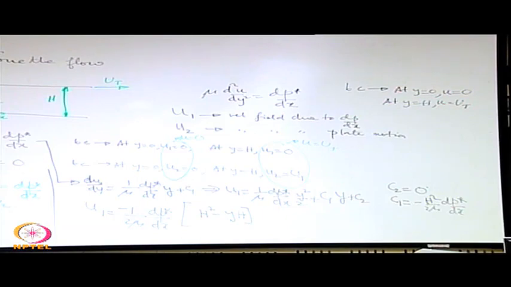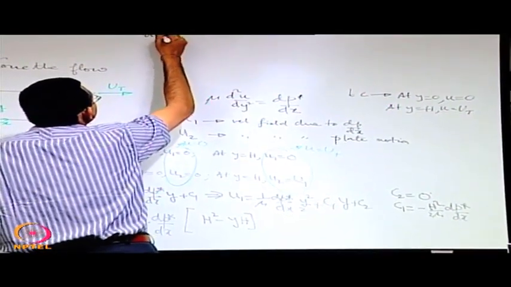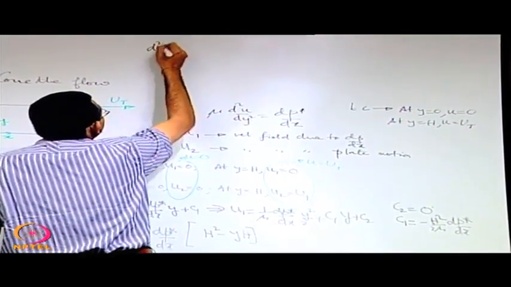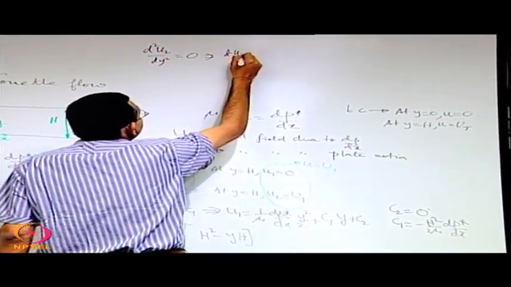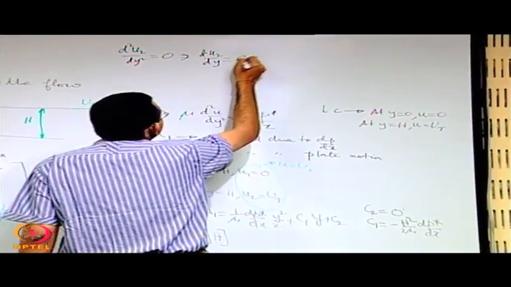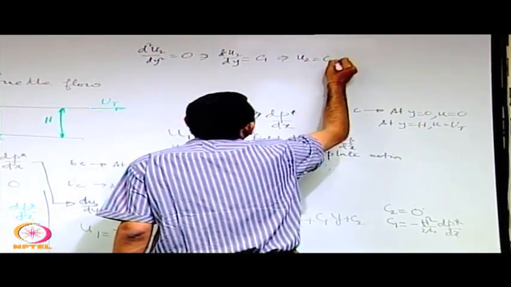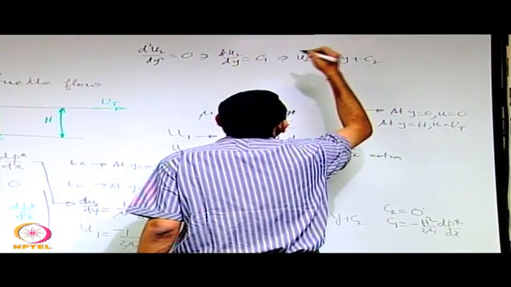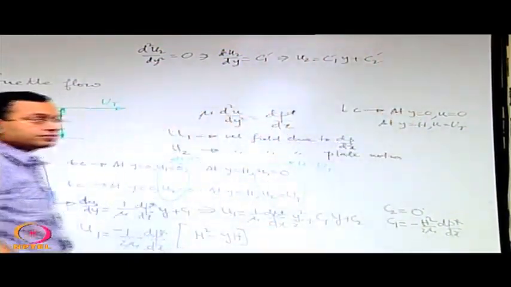For u2, it is even simpler. So d2u2/dy2 equal to 0, which means du2/dy is c1 and u2 is c1y plus c2, maybe c1 prime y plus c2 prime.